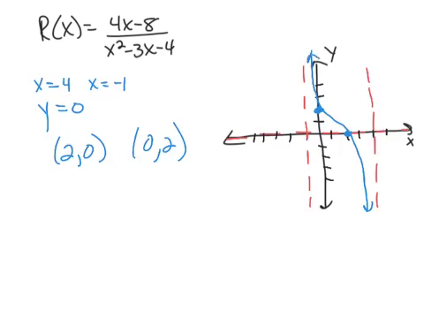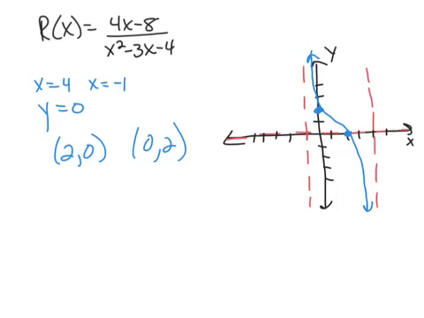But now I've got to figure out whether my ends are either up here or down there on either side. So that's what I've got to figure out with test points. If I use, let's say, positive 5 here, if I substitute a value in for positive 5, I'm either going to have a positive value or a negative value, and that's going to tell me which way my graph is going to go.